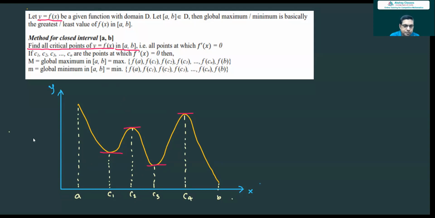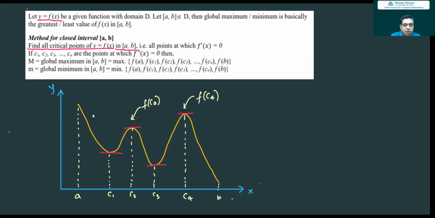So we can observe here the local maximum occurs at C2. So f of C2 is the local maximum value, and then f of C4 is also a local maximum value.